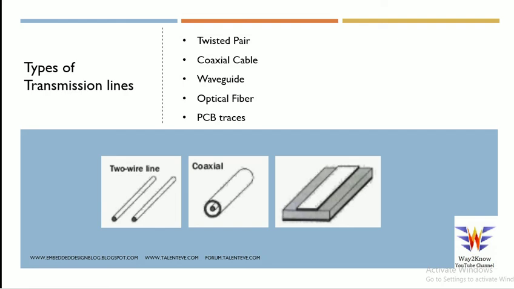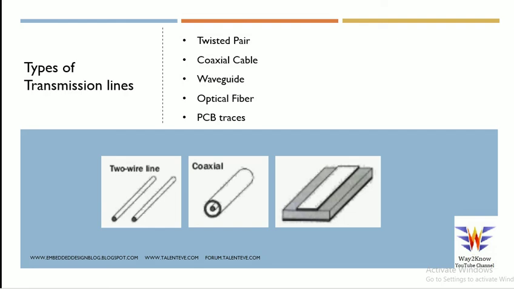Each has its own properties, and based on the type of signals being transmitted and the type of medium present around that area, the type of transmission line to be used is chosen. On the same topic, we are saying that a PCB trace is also a transmission line.